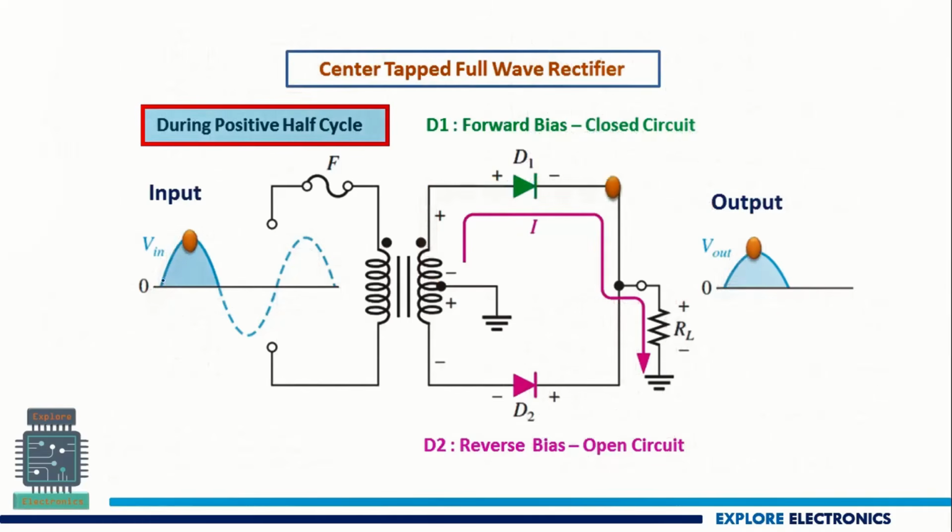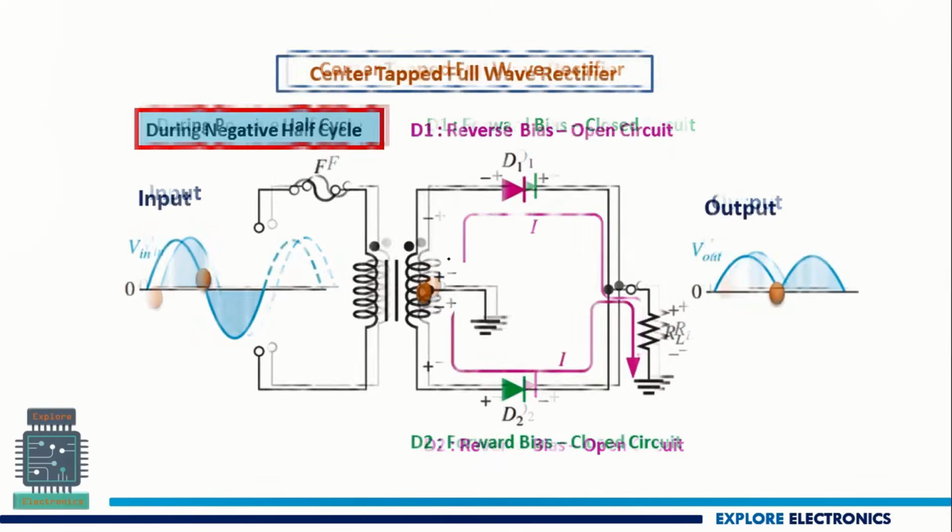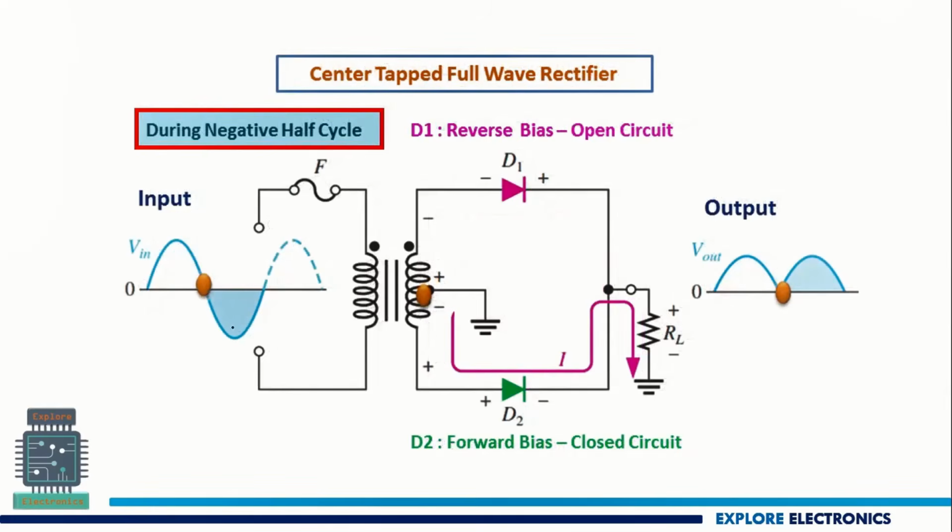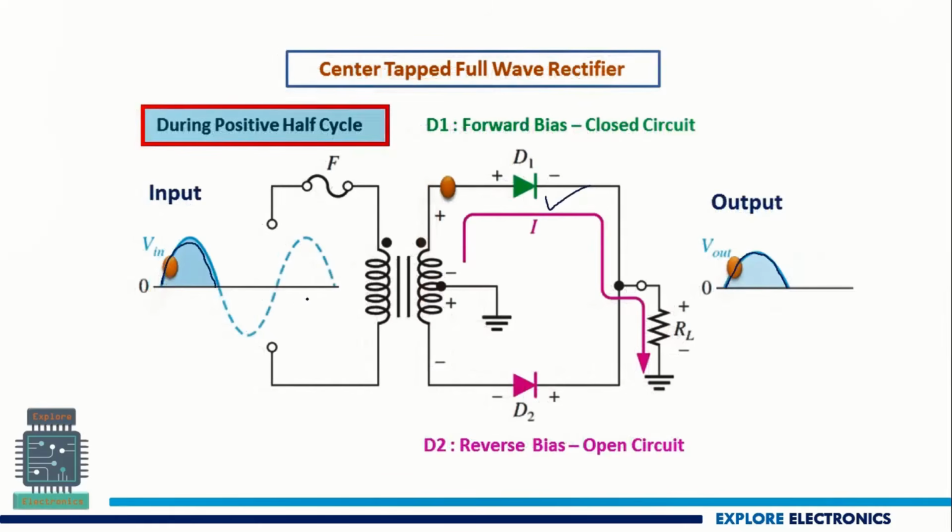In the first half of the input, you can see this diode conducts and it is generating the output. When the negative half cycle of the input is applied, D2 is conducting and again the current flows through RL in the same way. So you can now clearly observe that in the positive half cycle the current is flowing through RL in the same direction.